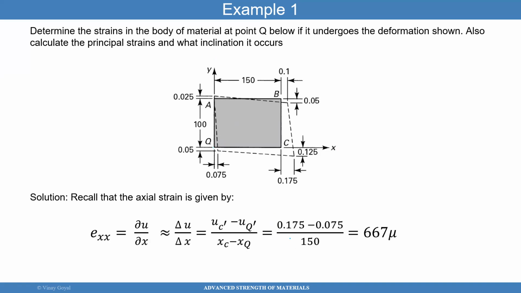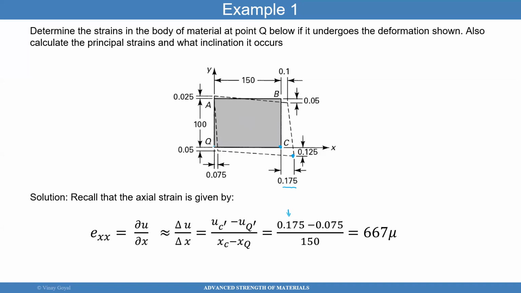So let's look at that. I have delta U, which is the deflection of this point to the right, so basically the deflection in the horizontal direction. Point C moved to C prime an amount that's 0.175. So that's this number here.